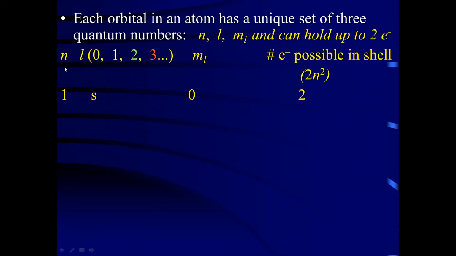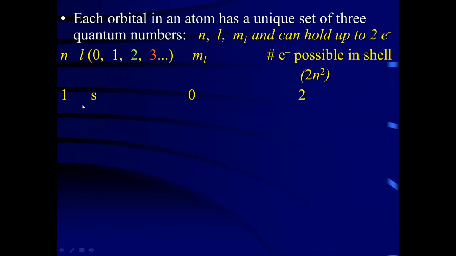And so let's take a look at when the principal quantum number n equals 1, then L can only equal 0, right? Because L can be from 0 to n minus 1, so n minus 1 equals 0. 0 corresponds to the s orbital. So this is the only possibility. And if L equals 0, ML can also only be 0, because ML has possible values from minus L to positive L. This equals 0.